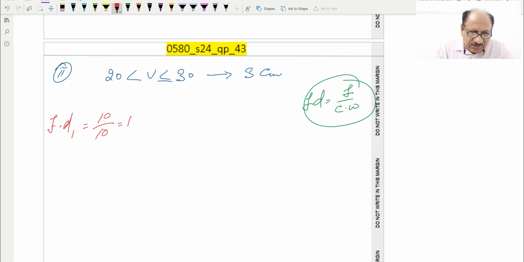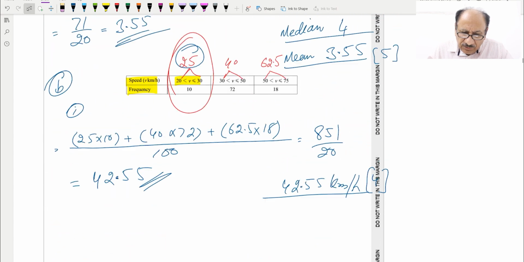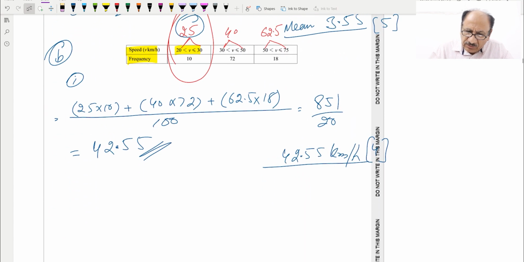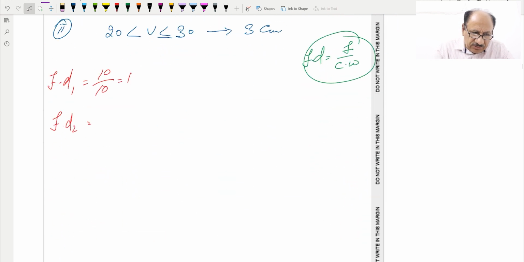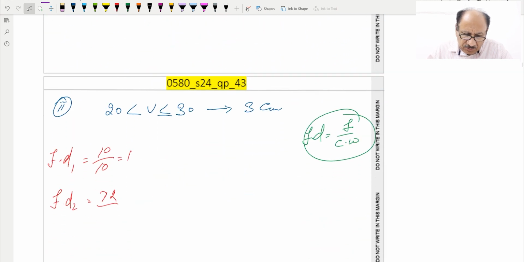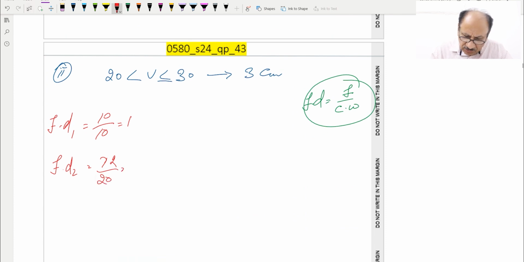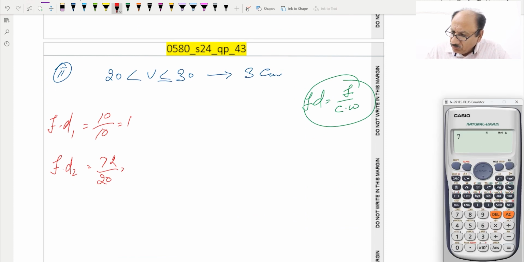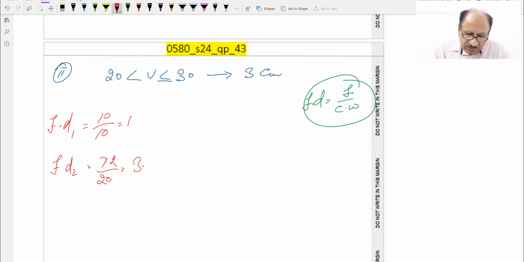Frequency density for the second will be 72 divided by the class width. It's not 10, I will have to check. It is 30 and 50, so 50 minus 30 will be 20. So 72 divided by 20 will be 3.6.